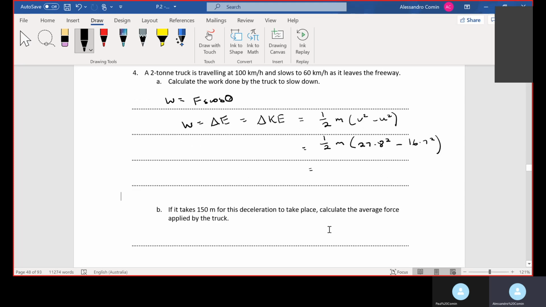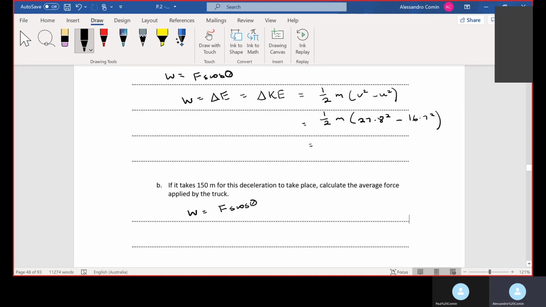Then for part B, we can see that we have our work, Fs cos theta, as in, we have our number from the previous question. I'll just calculate it. About 50,000 joules.